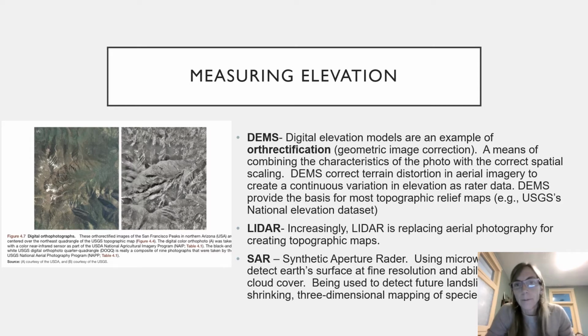It's a means of combining characteristics from photos with correct spatial scaling, and DEMs allow us to correct the terrain distortions in aerial images in order to create continuous variation in elevation, and we're able to convert that to raster data. DEMs really provide the basis for most topographic relief maps, such as USGS's National Elevation Data Set, but increasingly scientists are relying on more accurate LiDAR.